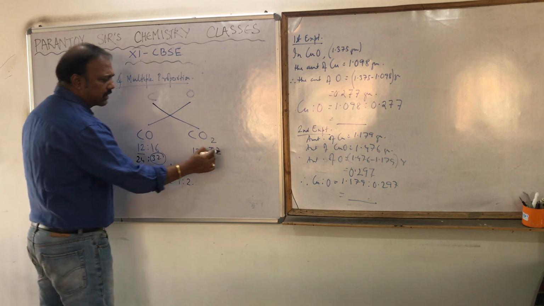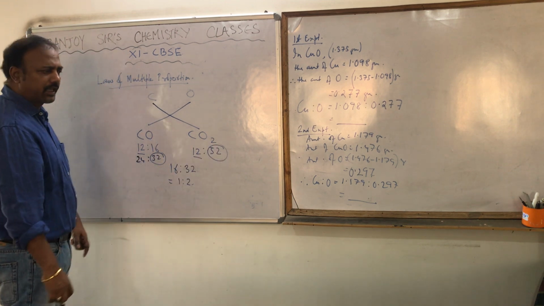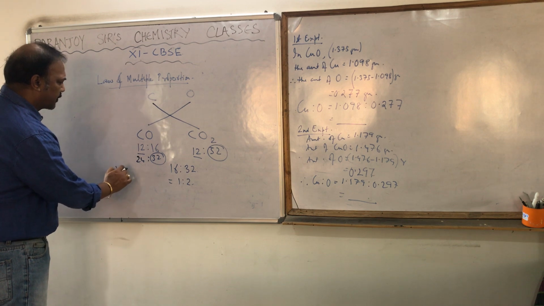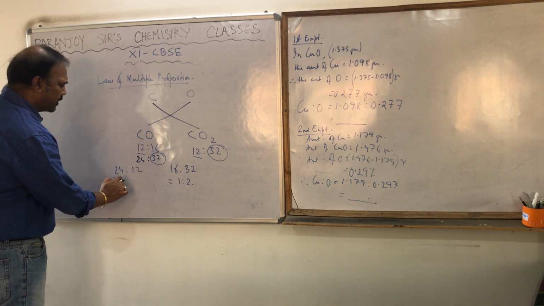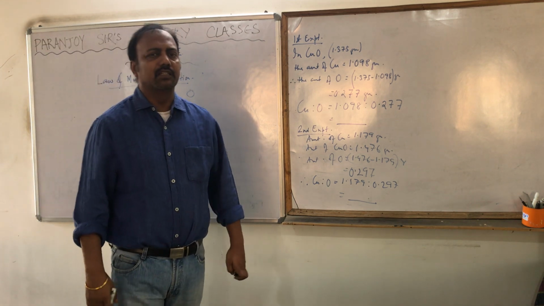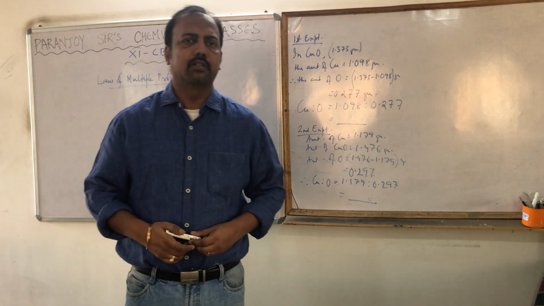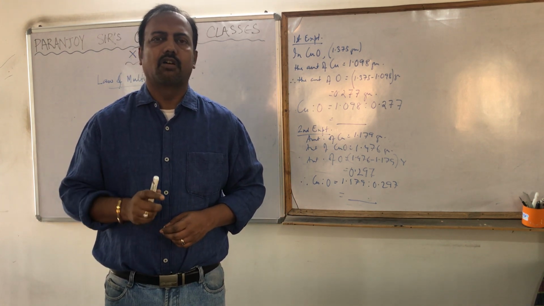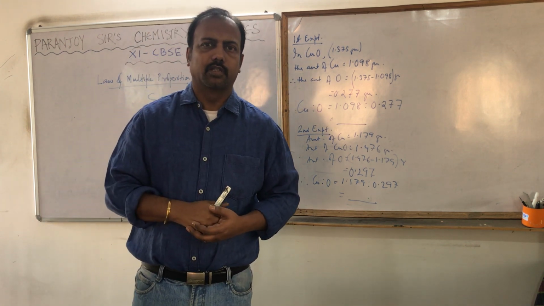Now 32 is fixed. So what is the ratio of carbon? It is 24 is to 12, which is equal to 2 is to 1. Again, it is a simple whole number ratio, and hence it is obeying the law of multiple proportion.